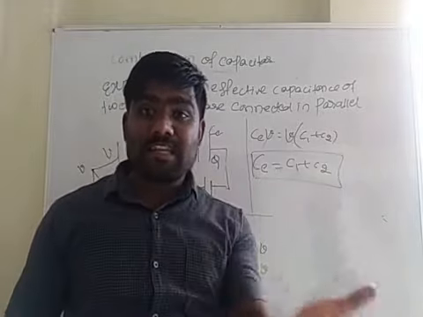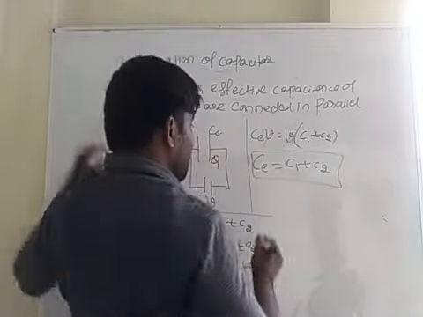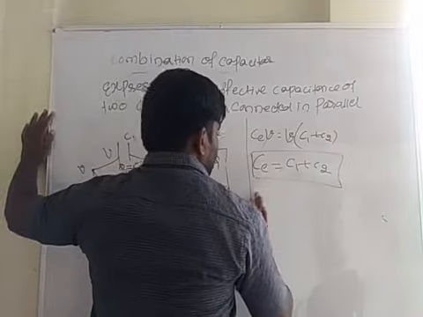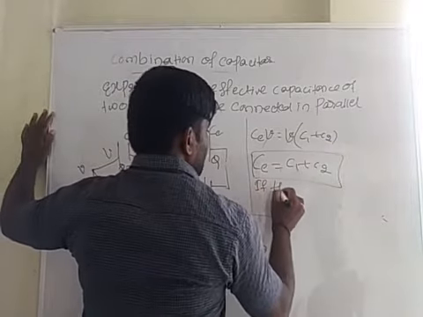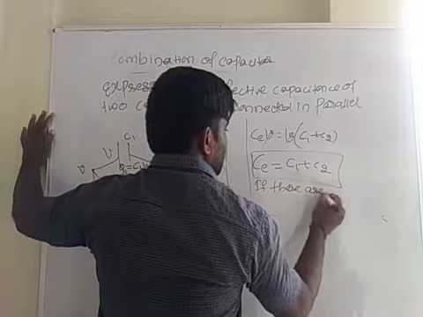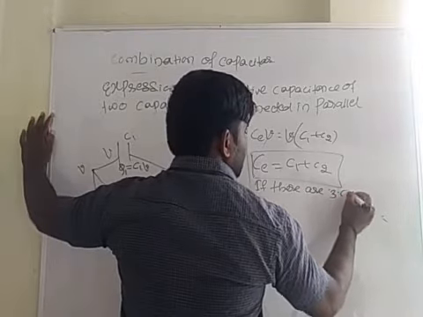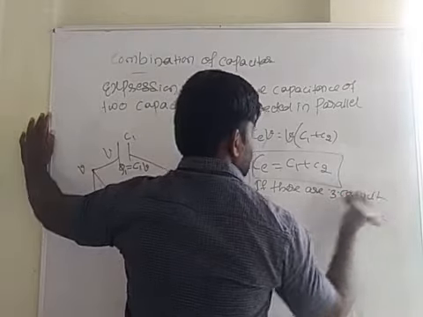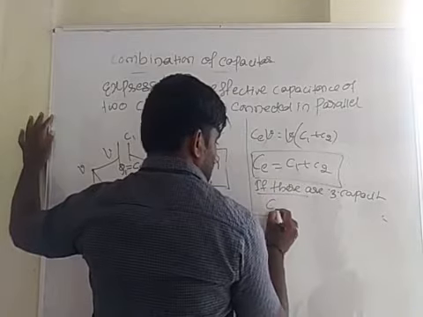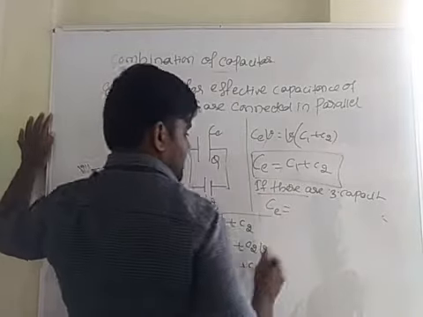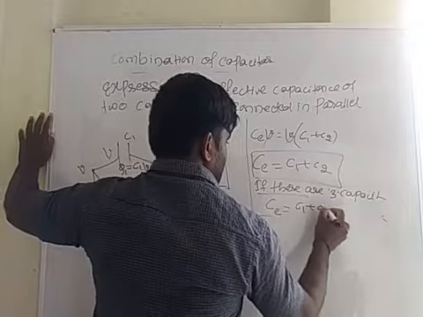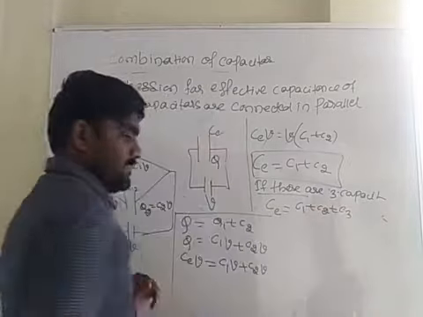If there are three capacitors connected, then C effective is equal to C1 plus C2 plus C3.